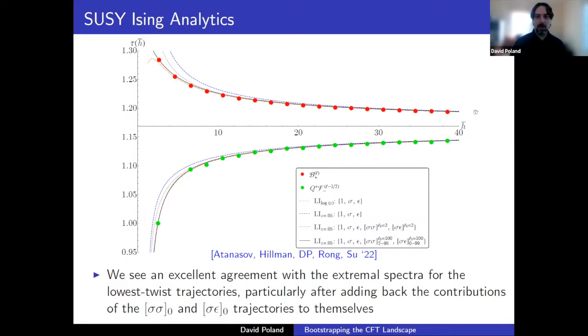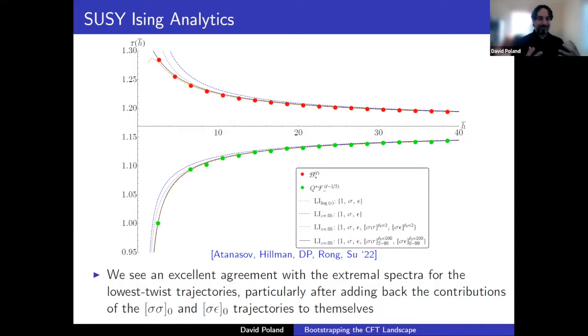This analytical curve gets closer and closer to the numerical data as a function of spin. And it works all the way down to low spin. So this operator down here at twist 1 is the multiplet containing the stress tensor. So we know exactly what it is.